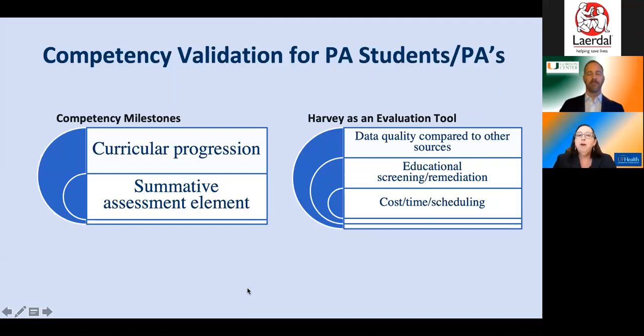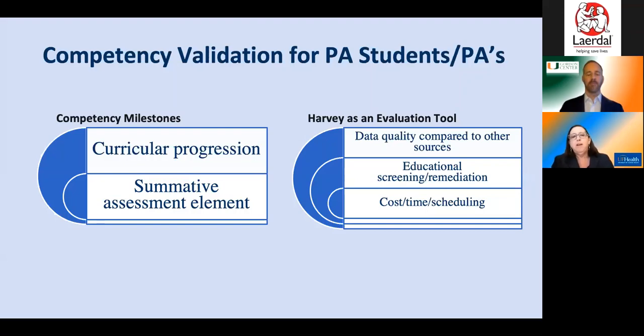Why do we like to use Harvey as an evaluation tool? Well, the data quality is the same. Every student is subject to the same information when assessed. We also can use Harvey for remediation, and we found that there's not exactly one size fits all, and those of you who are familiar with competency-based education are keenly familiar with the fact that not all the students are progressing at your usual or anticipated rate, and having opportunities for remediation using Harvey has been a really valuable tool.